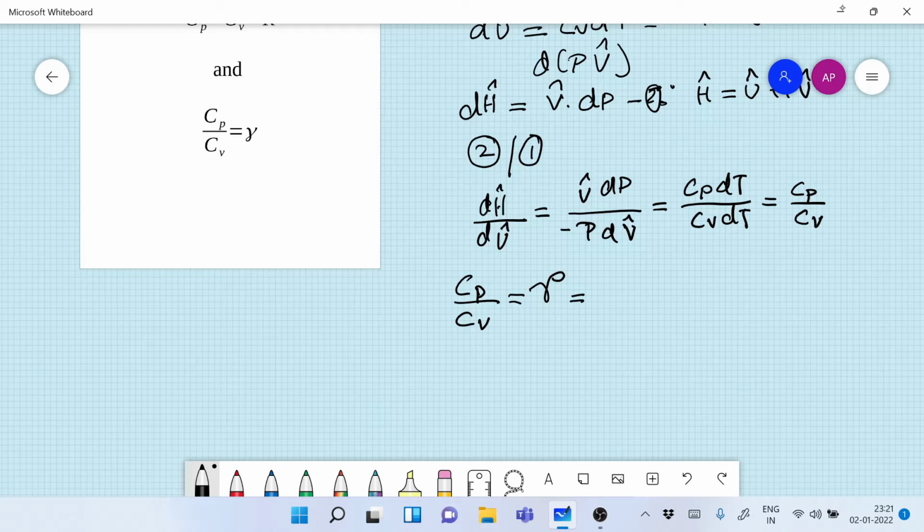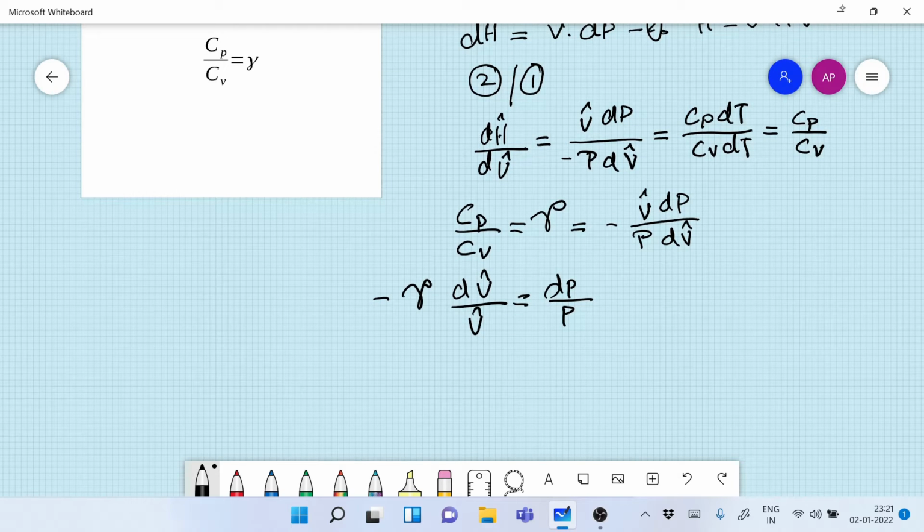This is equal to minus V dP upon P dV. We can write this as minus gamma dV by V is equal to dP by P.